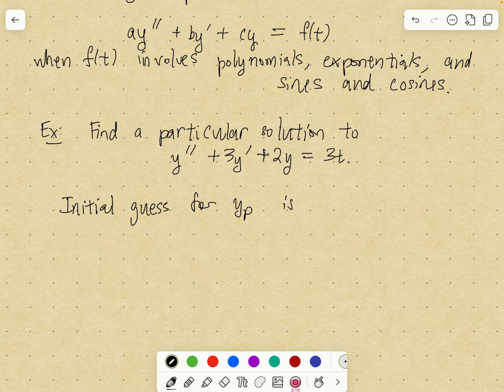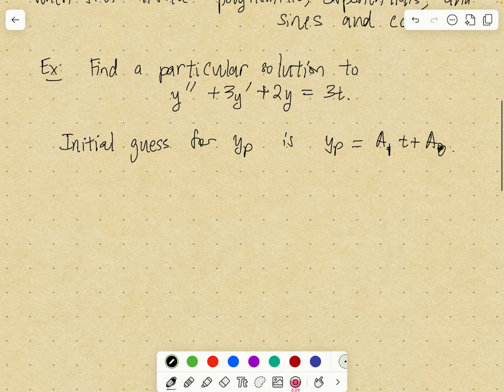So we have a degree 1 polynomial, and our initial guess should be the general degree 1 polynomial. So it's yp equals a1t plus a0, right? These are subscripts. It turns out that sometimes this initial guess doesn't work and we need to modify it. But for this example, it will work, and let's see why.